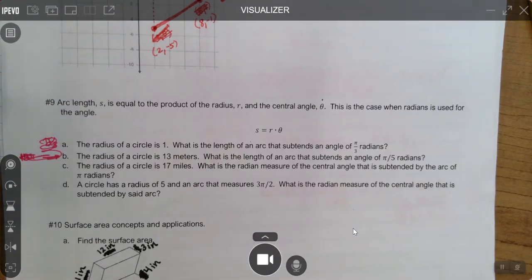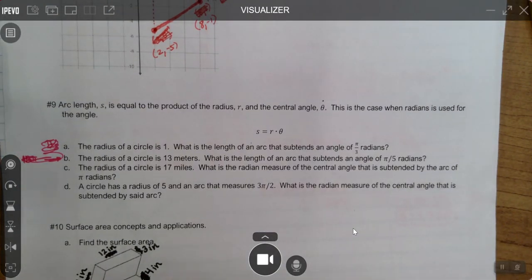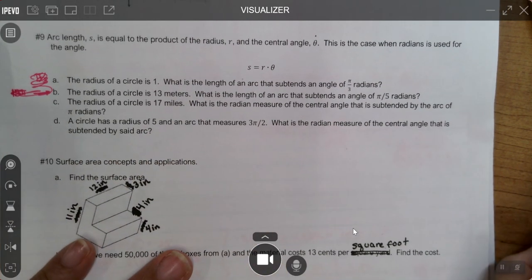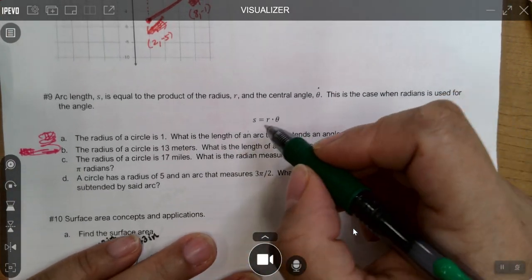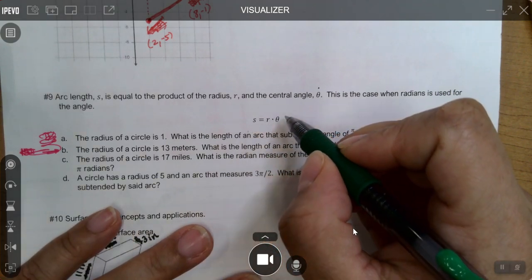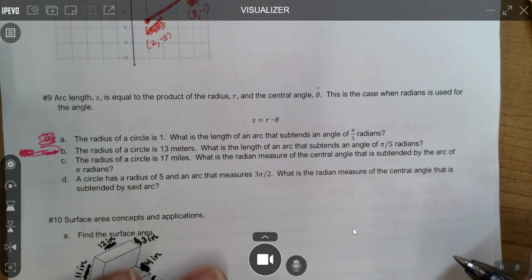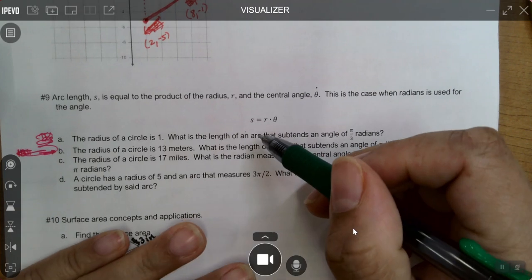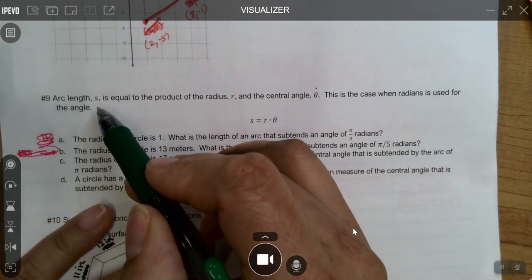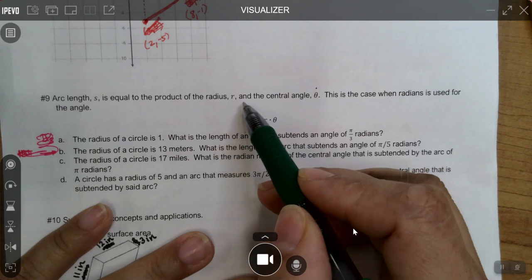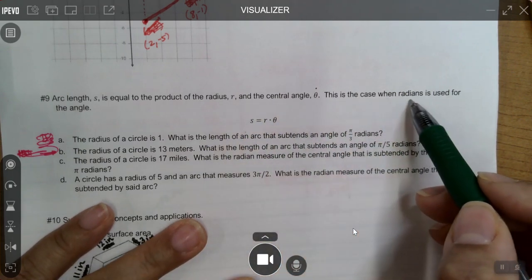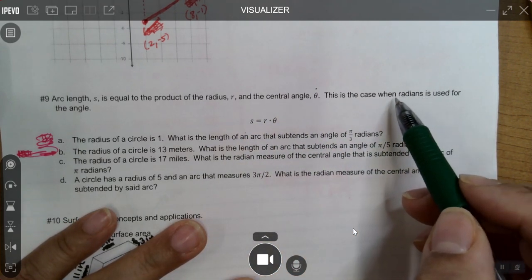All right, arc length. So this is your basic formula for the arc length, S equals R times theta, with S being the arc length, the radius is R, the central angle is theta, and this is when we use radians.